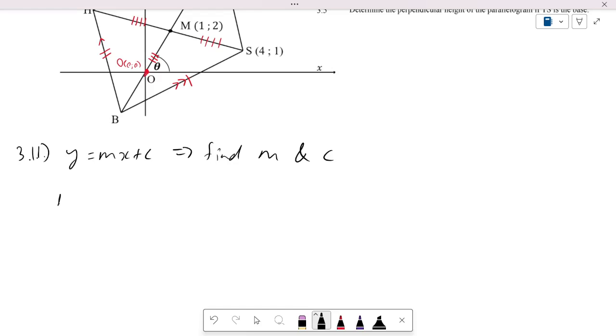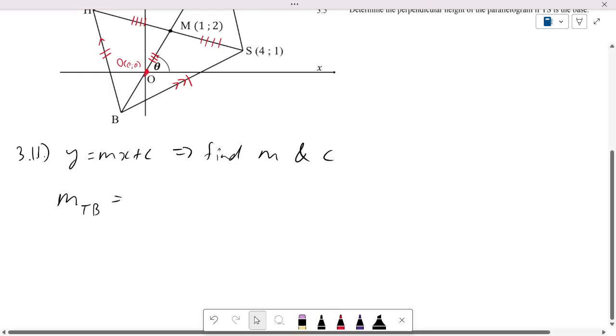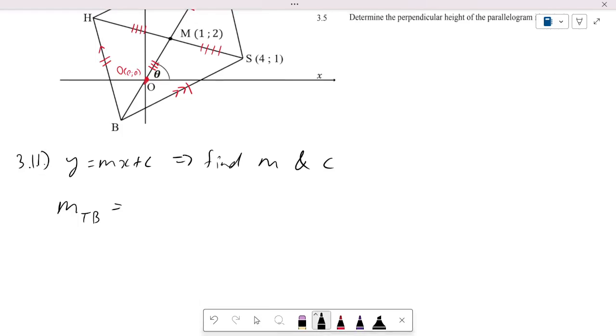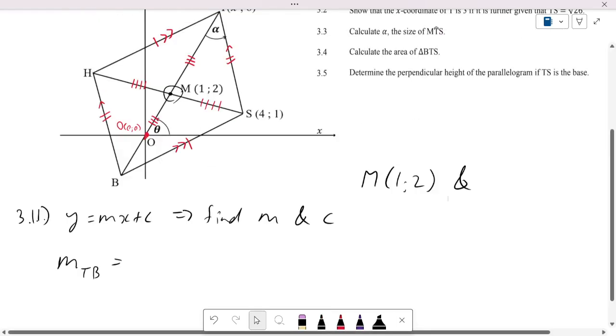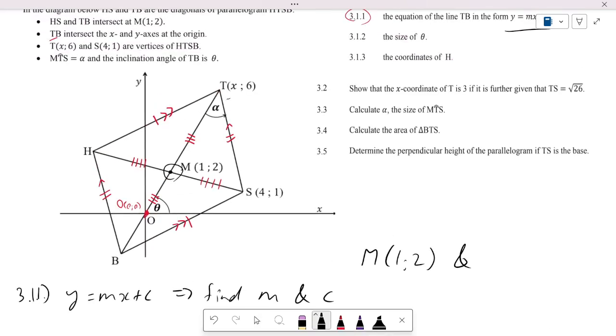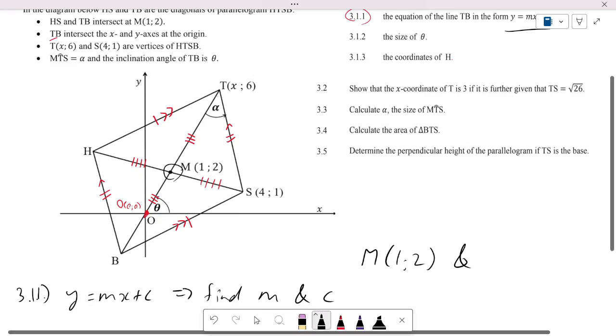And the gradient of TB is going to be equal to, because remember we're working with line TB, and what information do we have? Remember, we must have at least 2 points. So we have M, which is 1 and 2, and we also have another point over here, and we are given this point, but we're not given the x value. So we're going to use a different point.